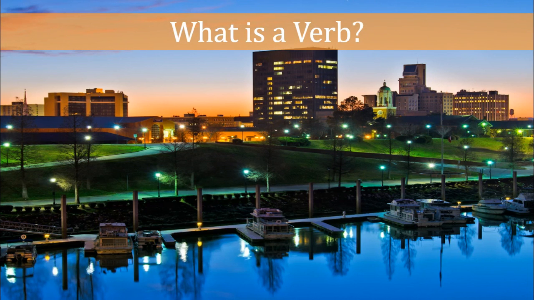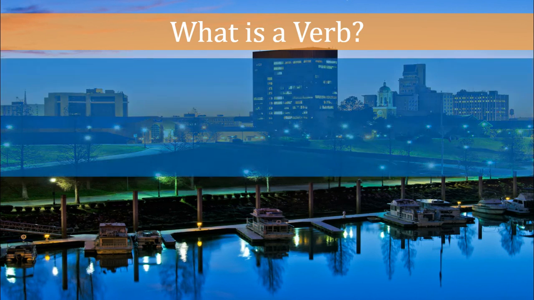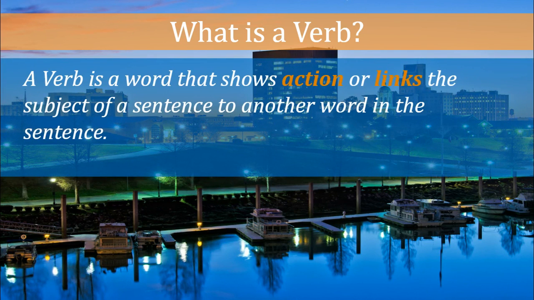So the first section that you have on your handout is, what is a verb? A verb is a word that shows action, which is what you commonly know, or it links, which you might not know it does. It links the subject of a sentence to another word in the sentence.